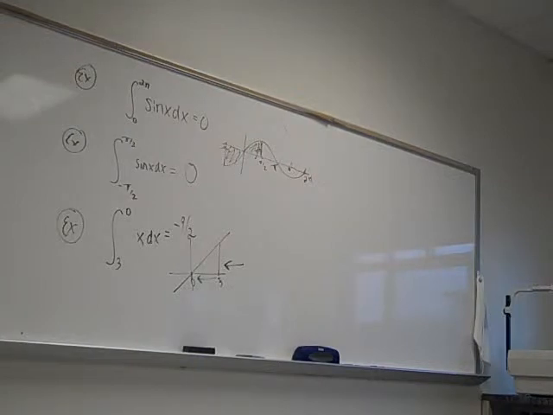What do you think the integral from B to A would be if this is f of x? 6. Negative or positive? Positive. Because if I go from B to A, I'm going backwards. It's below, so it's negative, but I'm going backwards, so it's actually positive.